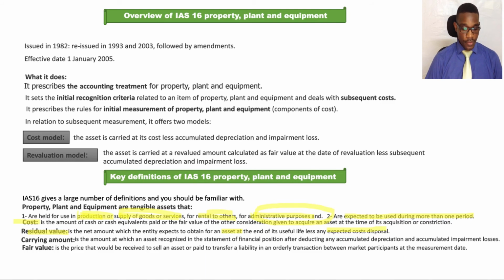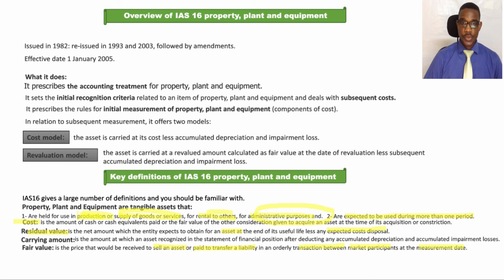The fair value. The fair value is the price that would be received to sell an asset or paid to transfer a liability in an ordinary transaction between market participants at the measurement date. Fair value means the amount that is available in the market.